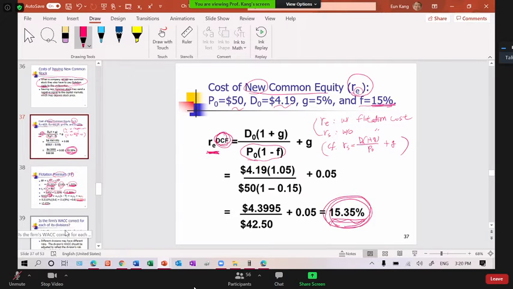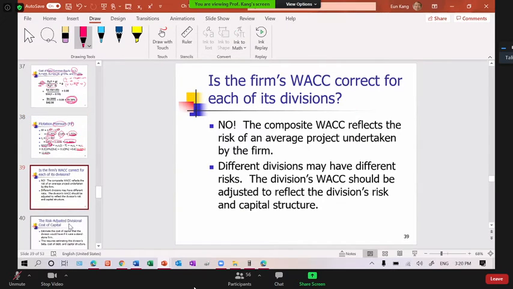And then next topic is very important. That is an advanced topic. Is the firm's WACC correct for each of its divisions? Actually, in 304, we just calculate one cost of capital for the whole company.